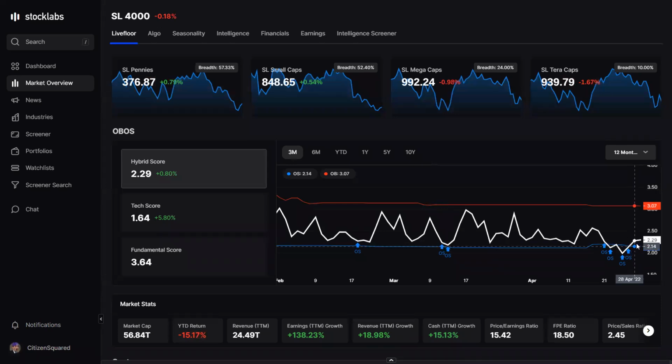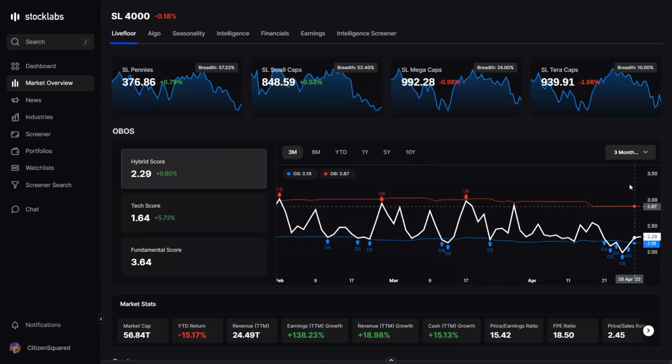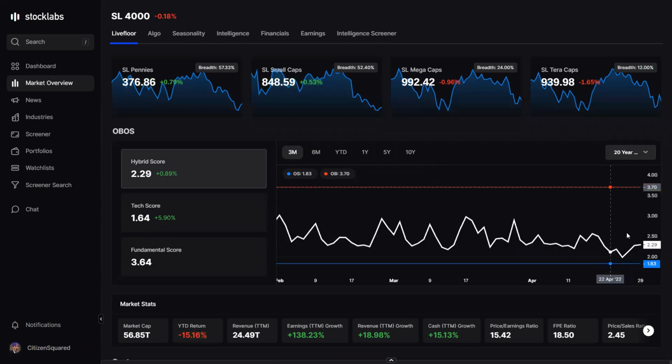And the same pattern goes with oversold. So 12-month oversold is 2.14, and 3-month oversold is 2.18. So it's close, but not exact. And obviously, if you choose something like 20 years, it would be a very significant event if this actually got to this point.